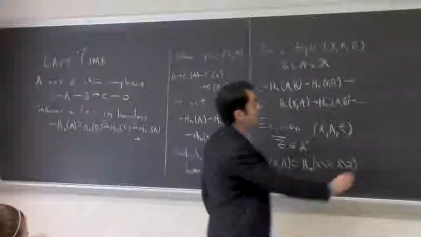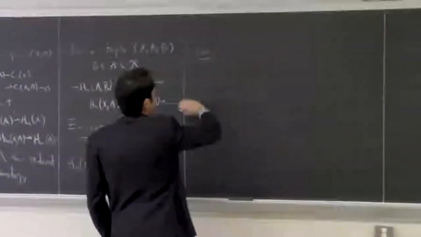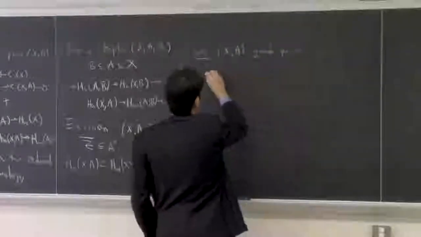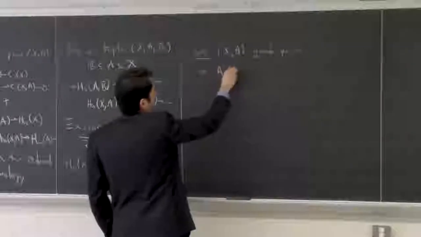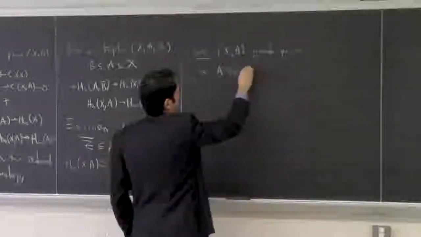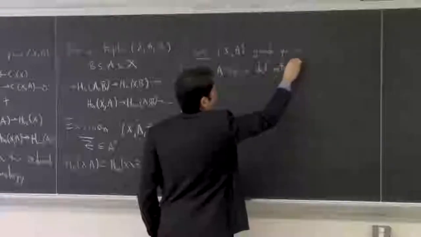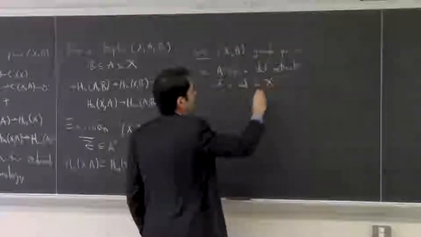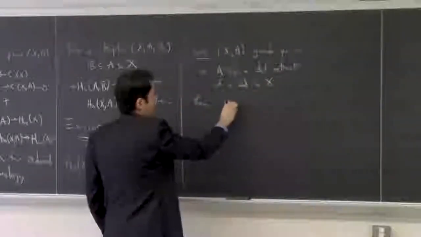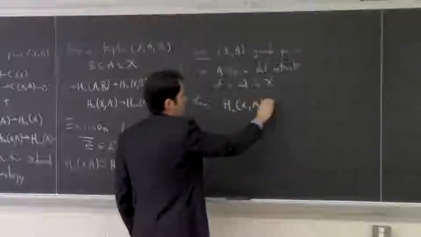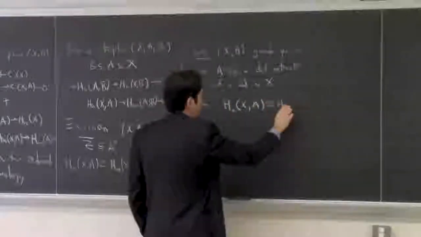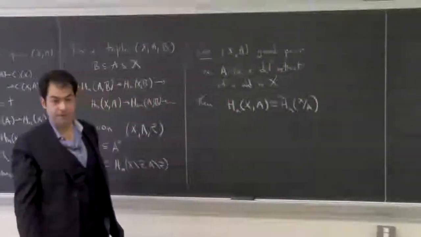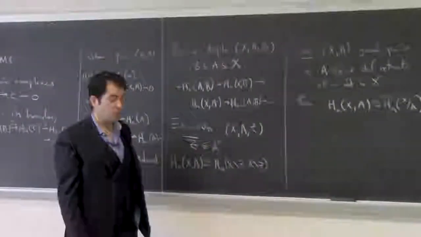And then as a corollary, we saw that if (X, A) is a good pair, which remember means that A is, let's say, a deformation retract of a neighborhood in X, then the relative homology groups are the reduced homology of the quotient. Okay, so that's where we are.